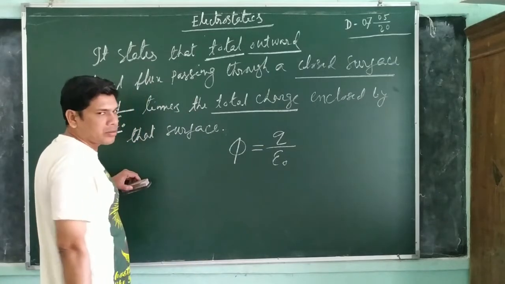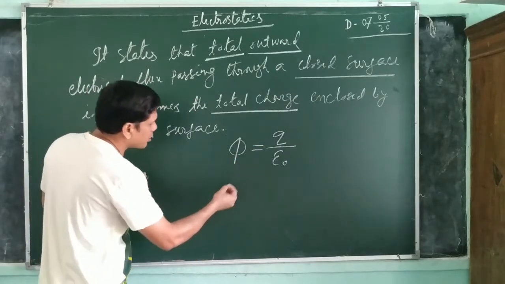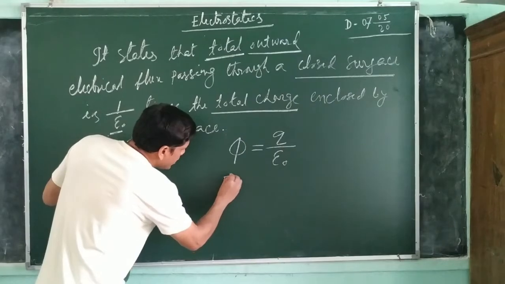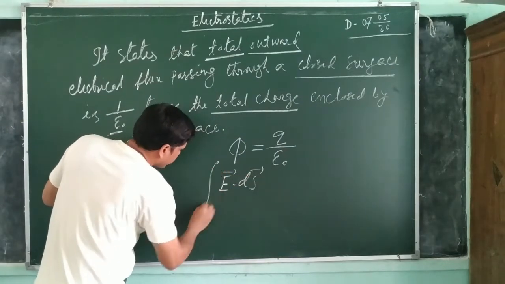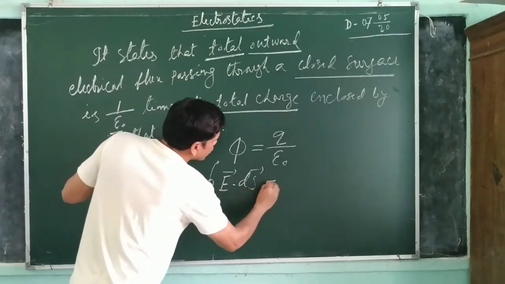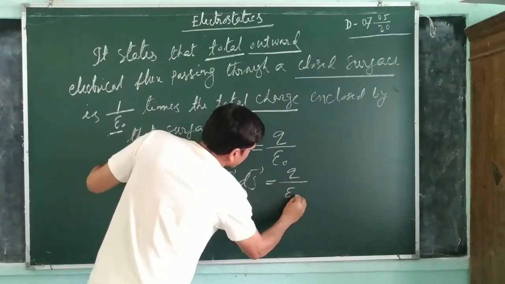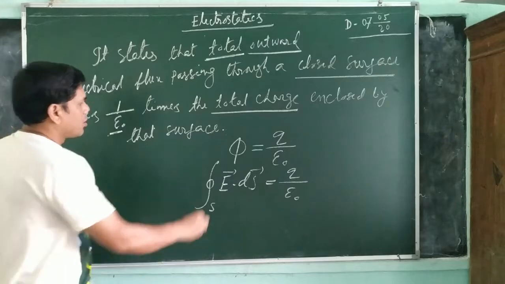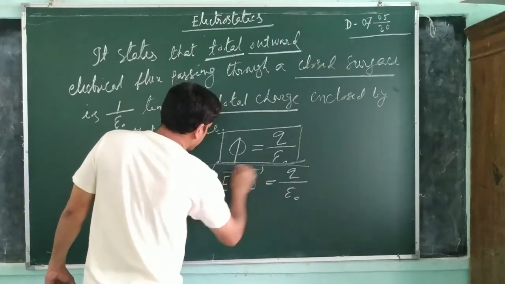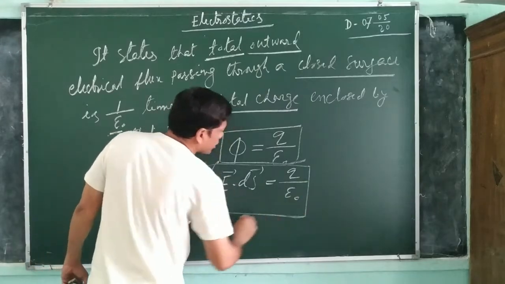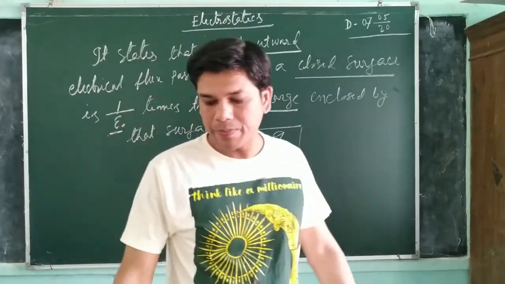This is one expression of Gauss theorem. Another way we can write is closed surface integral of E dot vector dS equals Q by epsilon naught. Remember both expressions according to application.